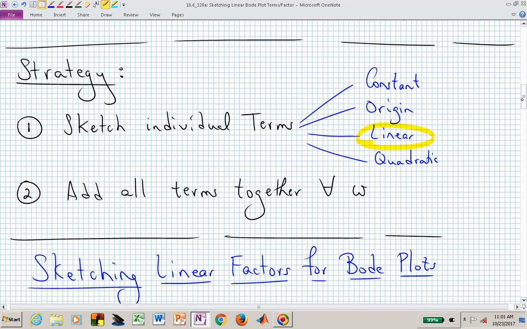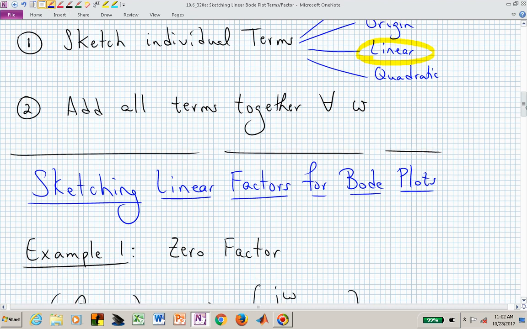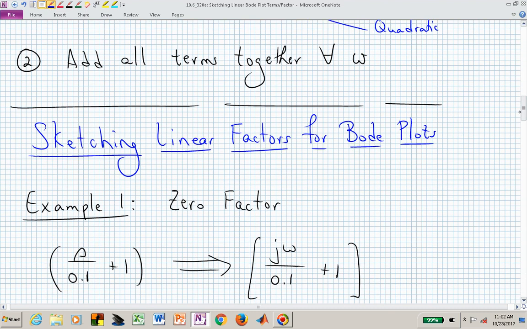So let's now look at sketching the linear factors for the Bode plots, and again, it's probably easier to get a handle on this by actually looking at specific examples, and we've already started with a transfer function, so let's now continue with that and assume that we now want to sketch the magnitude and phase as a function of frequency for this zero factor.